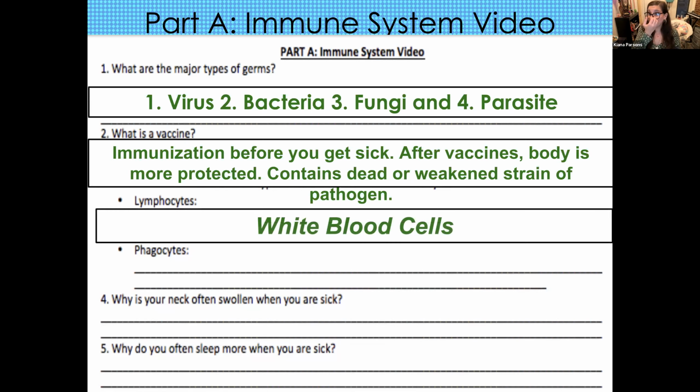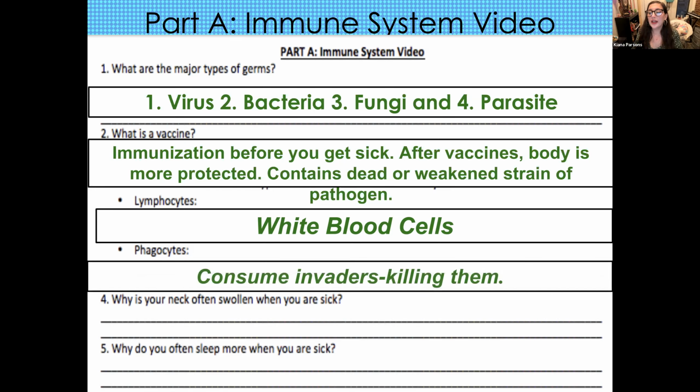So what are lymphocytes? Lymphocytes are white blood cells, and phagocytes, you might remember we talked about that word phago before. Phago means eat, and what are phagocytes? They consume invading pathogens, killing them.